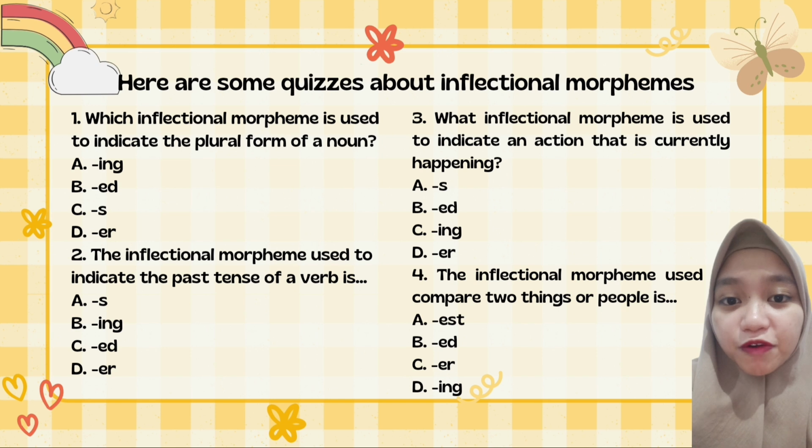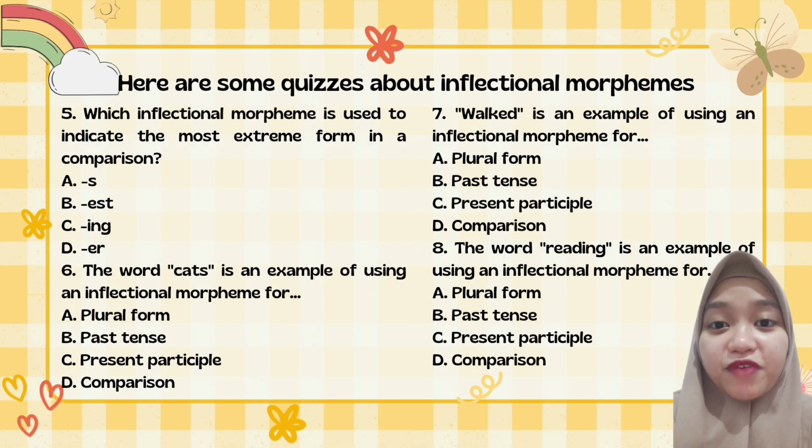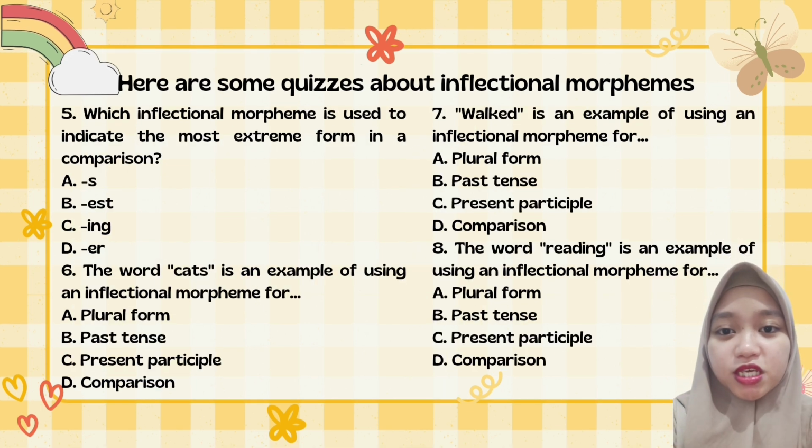The inflectional morpheme used to compare two things or people is A. At, B. At, C. D. In. Number 5. Which inflectional morpheme is used to indicate the most extreme form in a comparison?